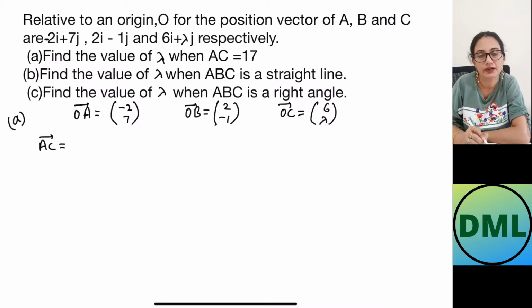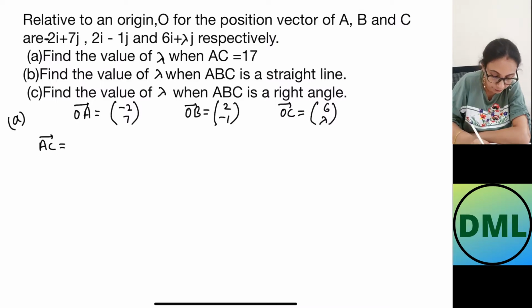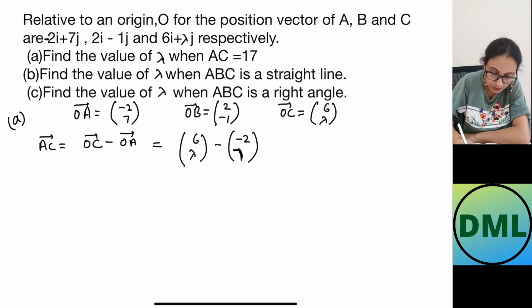So if I write down this vector in the position vector form, it can be written as OC minus OA. If I substitute the values here, OC will be 6, lambda minus OA, which is minus 2, 7. So if I solve it, it will be 6 minus of minus 2, and lambda minus 7.